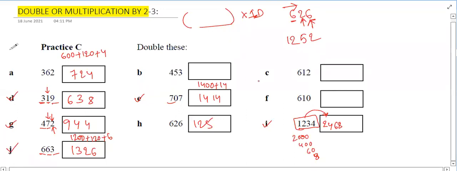Yes, Shravani. C1. Sir, should we use the carry or not? Your wish.